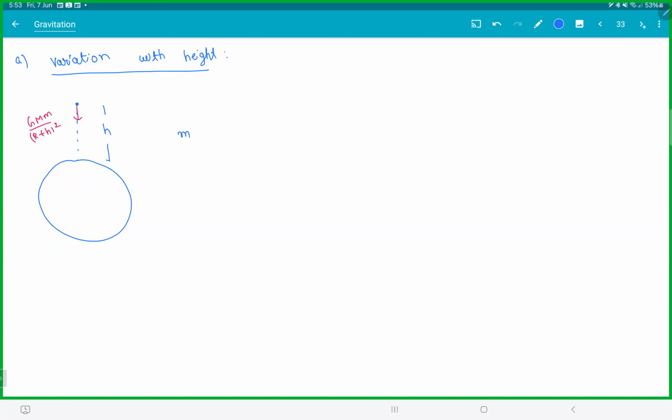So we're going to call this mg apparent, which is GMm by r plus h whole square. m will cancel. So g apparent is GM by, take out r square common, you end up with 1 plus h by r whole square. So basically this is the gravity on the surface by 1 plus h by r whole square. This is the actual formula with height.